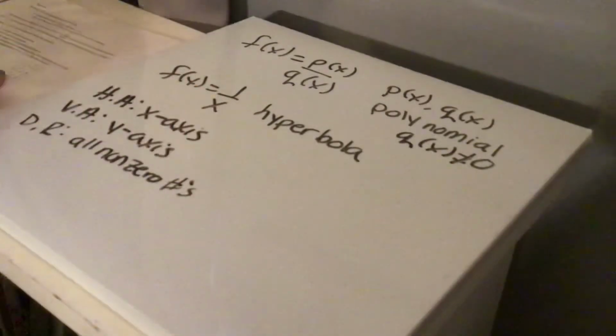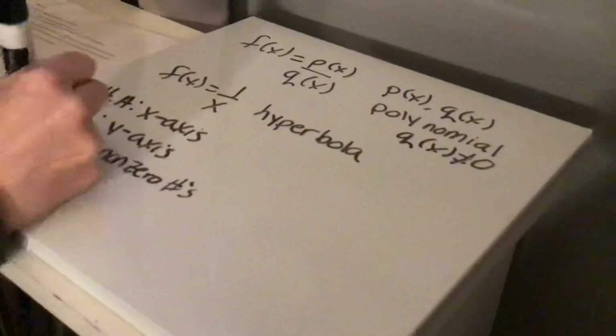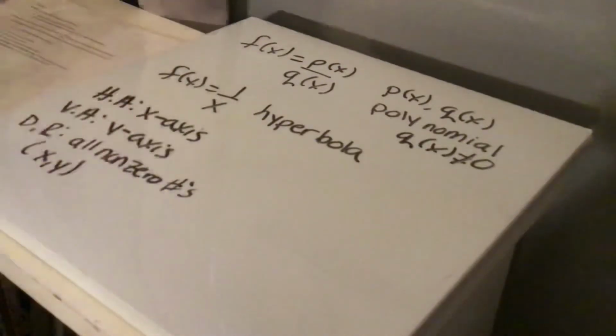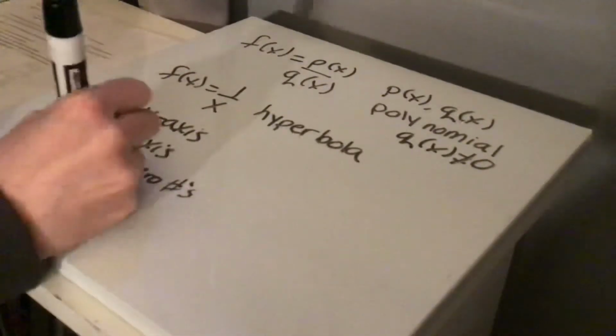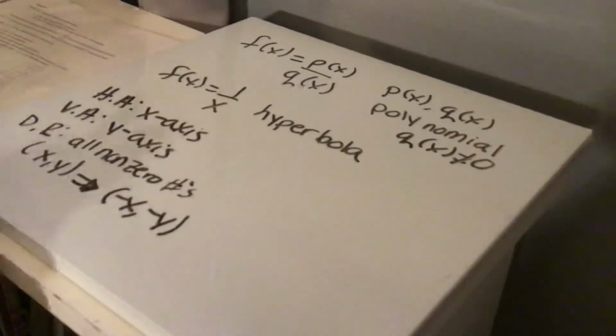And the graph is going to have two symmetrical parts called branches. For all points x, y on your graph, there's a corresponding point, negative x, negative y, on the other branch.